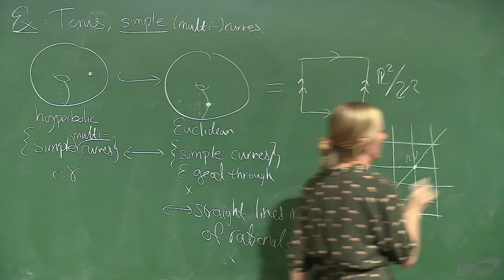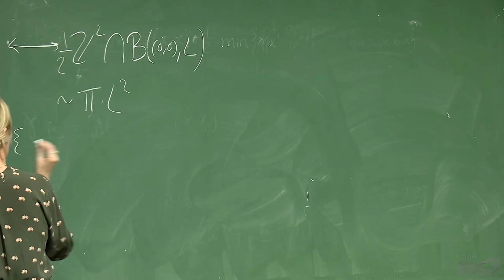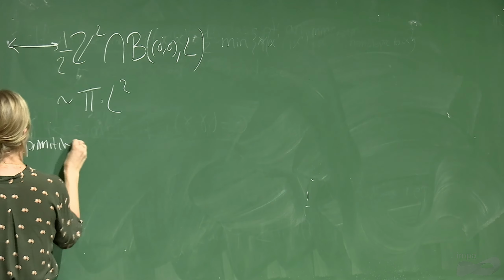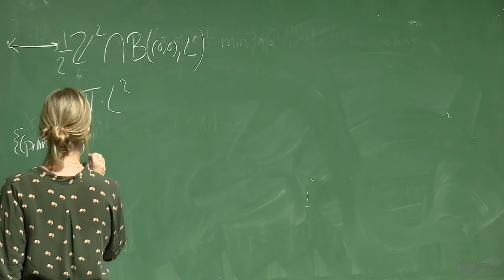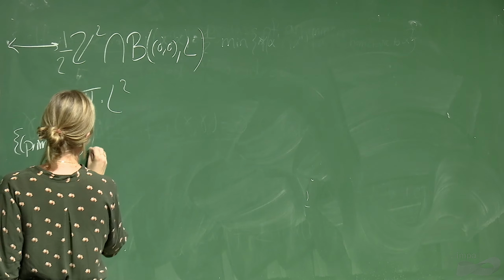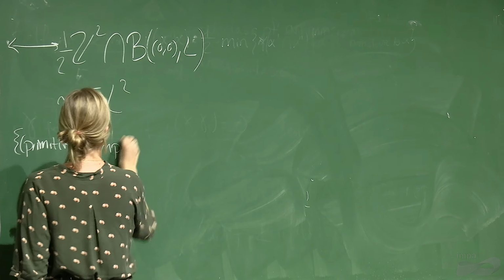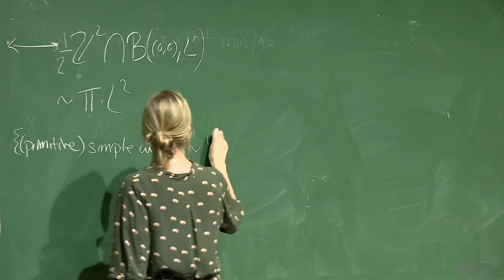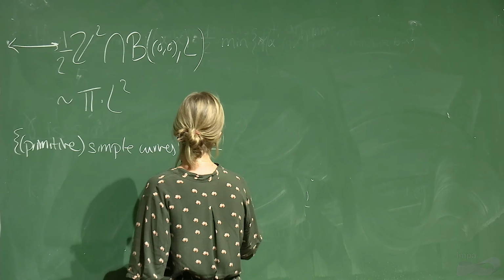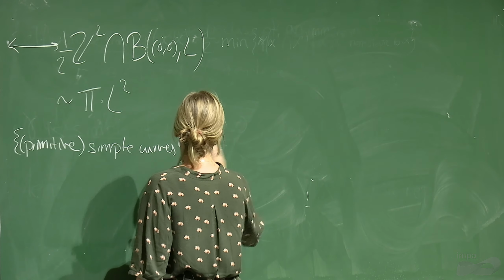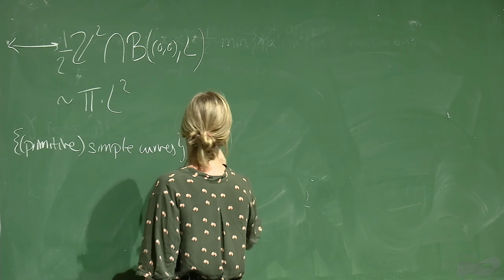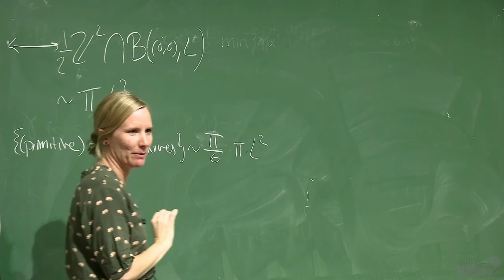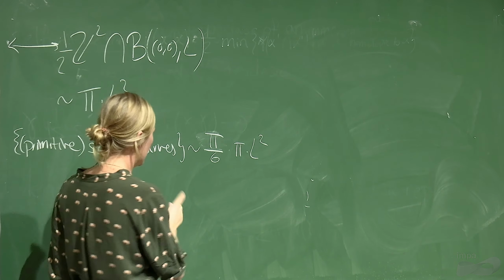So if we wanted to count primitive ones, so actual simple curves, then it just grows like the density. No, there's a pi, pi over 6, I think it is. It's just whatever the density of relative primes among all is.